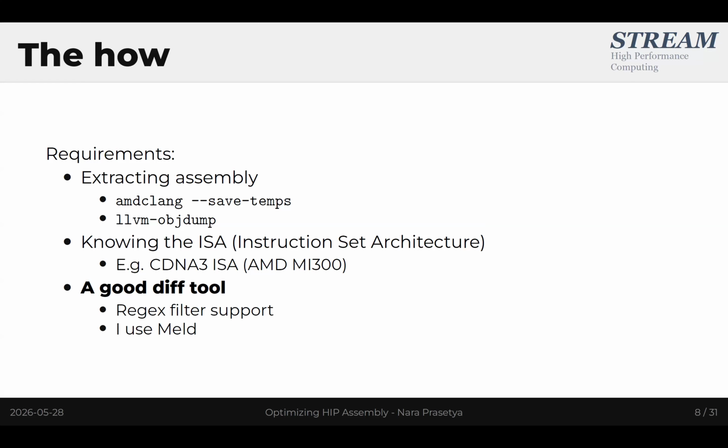If you're working on CPU land, just knowing what all the x86 instructions do, or having the document nearby, also helps. For AMD, this is the CDNA3 document, or any other. NVIDIA probably also has something. I don't know, I don't work with NVIDIA. And a good diff tool helps if you're comparing things. Don't use VS Code's diff, it's slow. Use something like Meld.